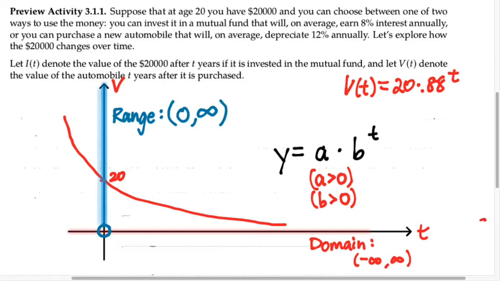There's a bunch of reasons why we wouldn't want b to be negative. Maybe we'll talk about those, if you're interested, in between our class meetings today. But as long as a and b are both positive numbers, it means we have some positive value that we're starting with, and then every year it's either increasing or decreasing by a fixed percentage, right? And so if we start with positive value, we're always going to have positive value. And towards one direction, it's going to blow up to infinity, and towards the other direction, it's going to settle down towards zero.